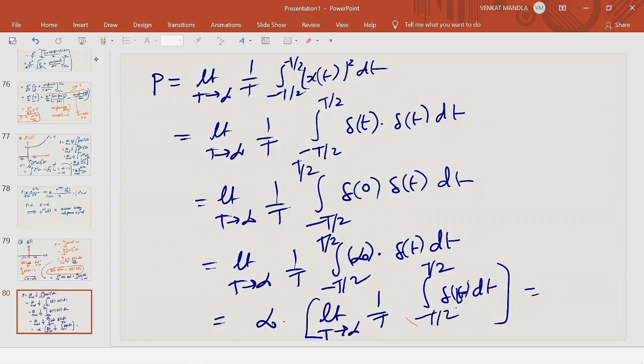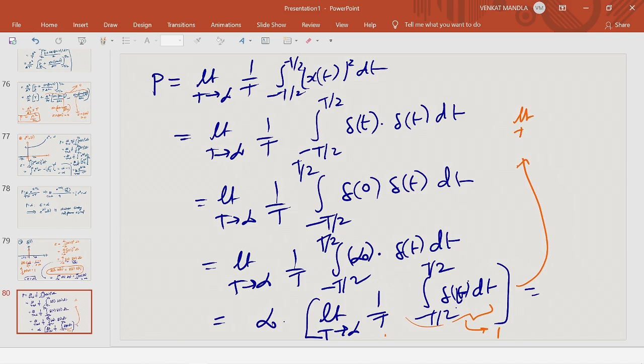So this term is 1 by area property, and 1 by T is some finite value. Infinity by T, oh sorry, infinity by infinity form.